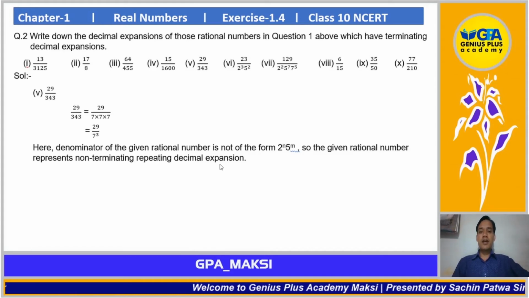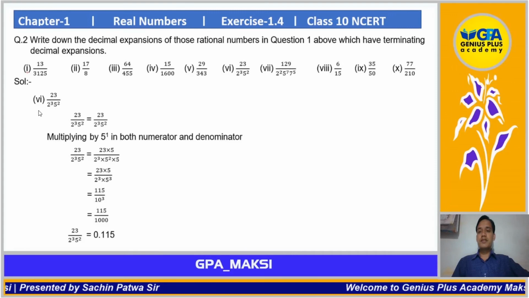Let us move to our next question. And question number 6 is 23/2 raised to 3 into 5 raised to 2. Now we need 5 raised to 1, because it's 2 raised to 3 and 5 raised to 2. To change it into 10 raised to 3, we have to multiply both numerator and denominator by 5 raised to 1.